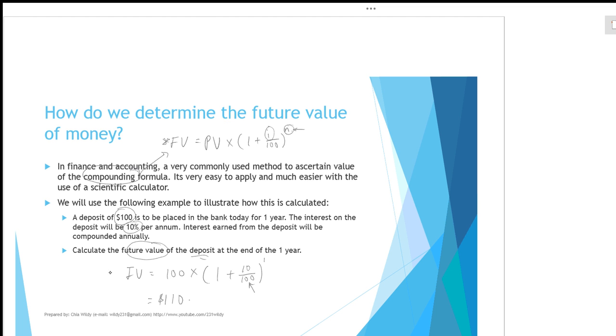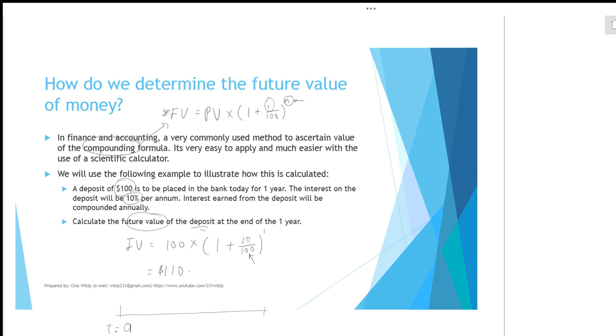With that, input all this into the calculator, you find that this gives you 110, which means that if you were to compare today and 1 year later, the deposit is equivalent to 110 a year later. This 110 that you see here is termed as future value, whereas the 100 that you see here, which is t equals to 0, refers to present value.